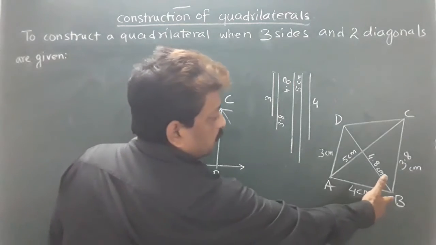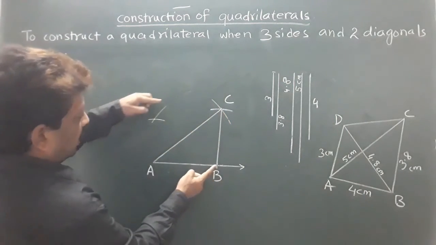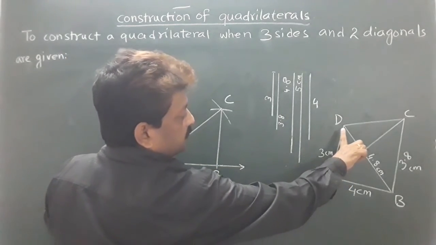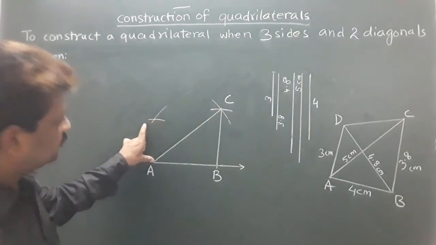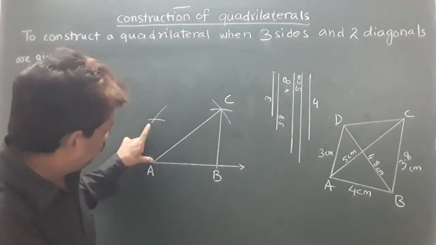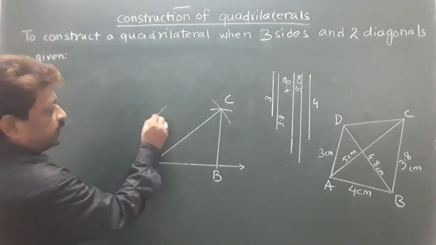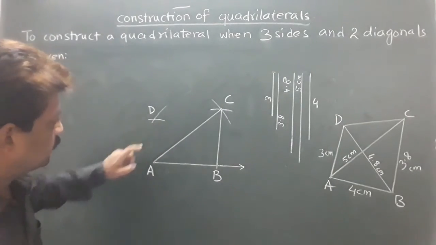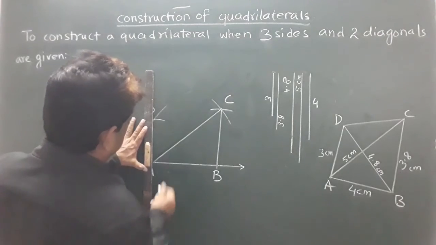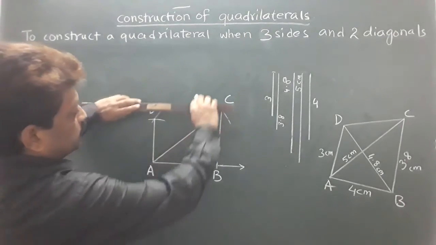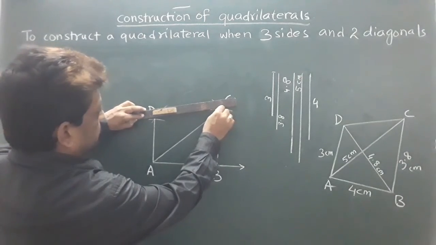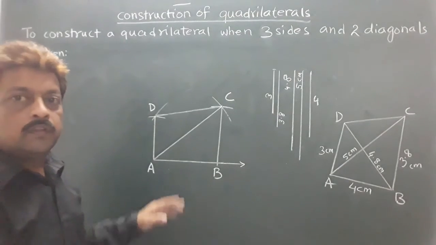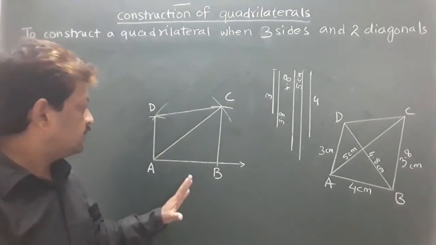The radius BD is 4.8, so I have drawn an arc with radius 4.8, and the length of AD is 3, so I have drawn another arc of radius 3 centimeter from A. So both these arcs meet at the point D here. Therefore, I have got the point D also. Now join AD and also join CD. Therefore, the quadrilateral ABCD is ready.